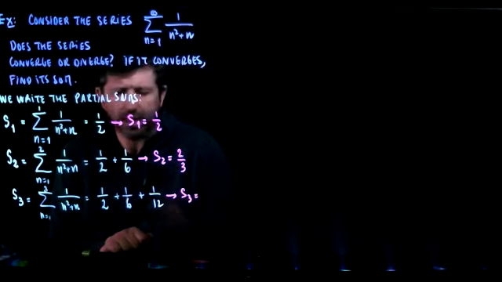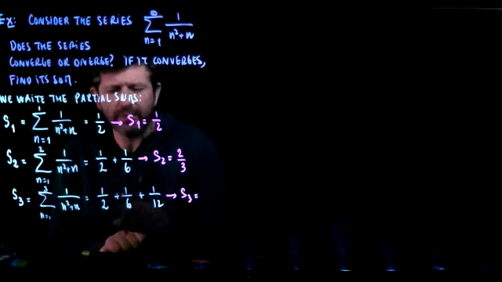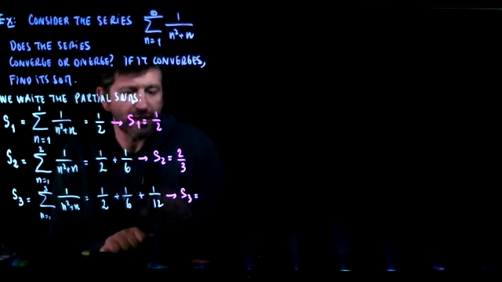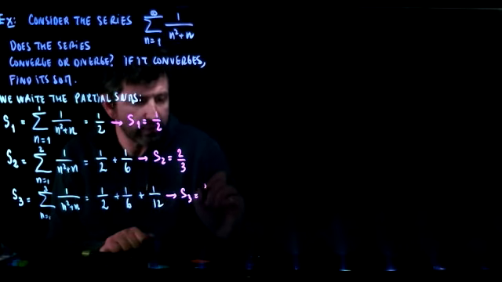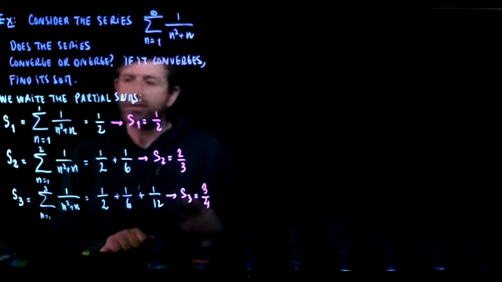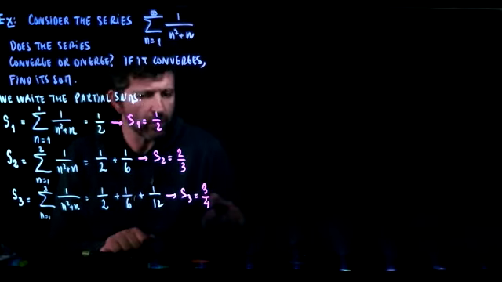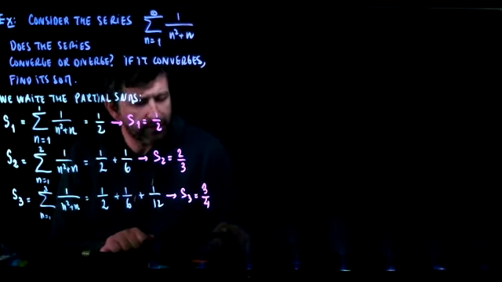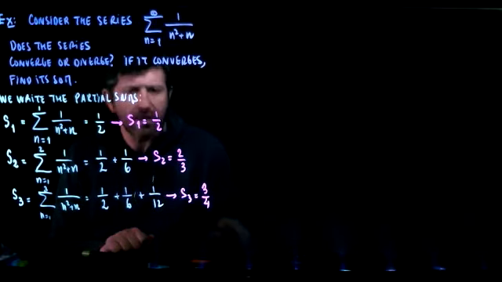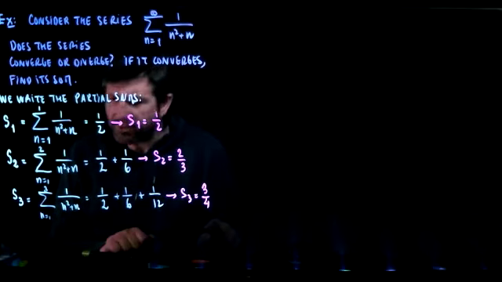S3: let's find the common denominator here, so 6 plus 2 is 8 plus 1 is 9, 9 over 12 is 3/4. Okay, I start to see a pattern here: 1/2, 2/3, 3/4. What's the next one? 4/5, 5/6, 6/7.